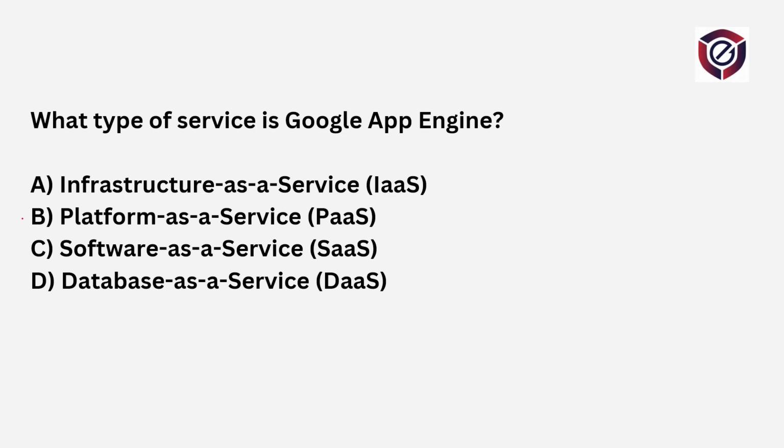There is no need of infrastructure for Google App Engine, so it is not infrastructure as a service. It is not ready-to-use software, so it is not software as a service. It comes under the category of platform as a service, which is nothing but PaaS. So the correct option is option B.